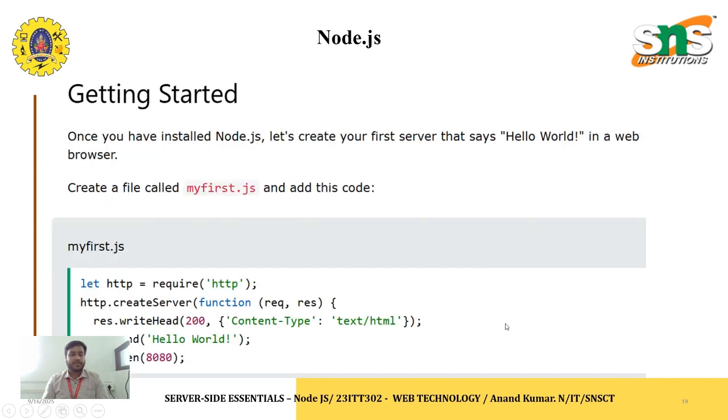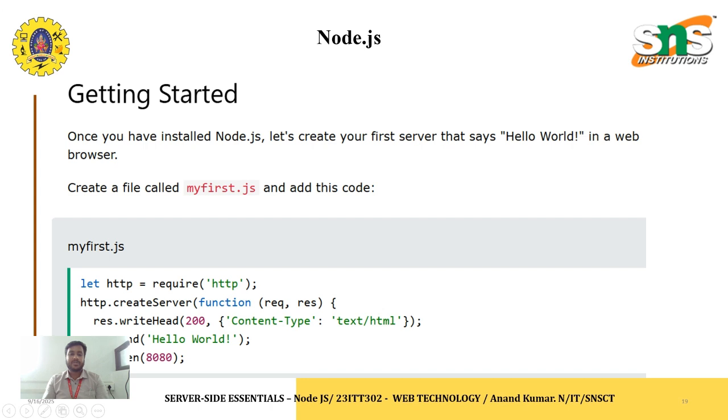To get started, once you have installed Node.js, let's create the first server that says hello world in a web browser. You can create a file called myfirst.js and add this code. I explained the code in the previous video, though not completely.